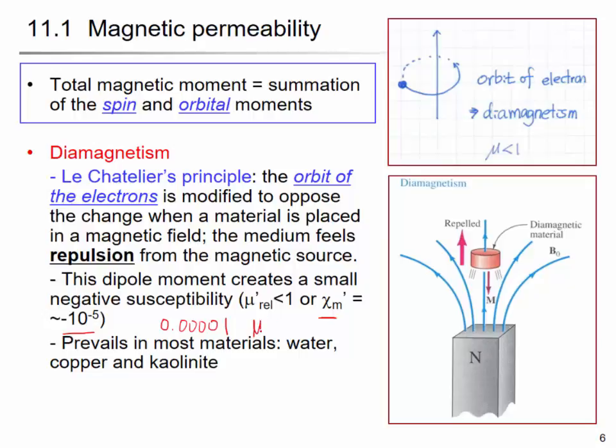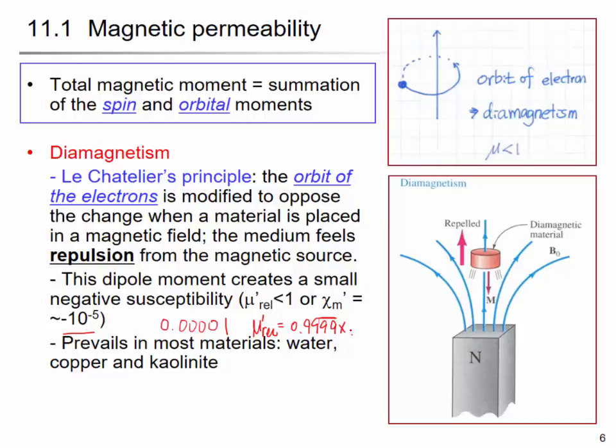So the real value of the relative permeability will be 0.9999x. So that small value is the susceptibility and the magnetic permeability of the diamagnetic material.